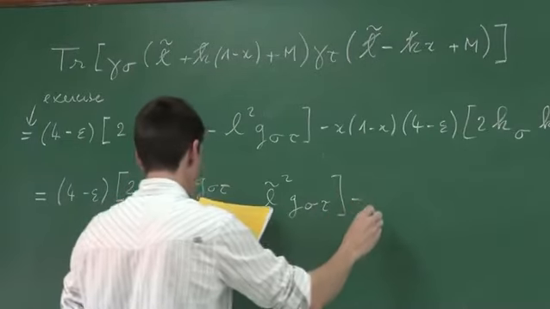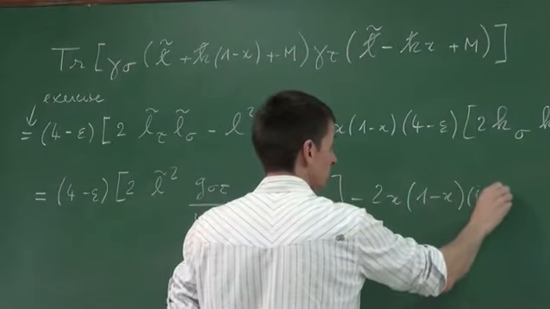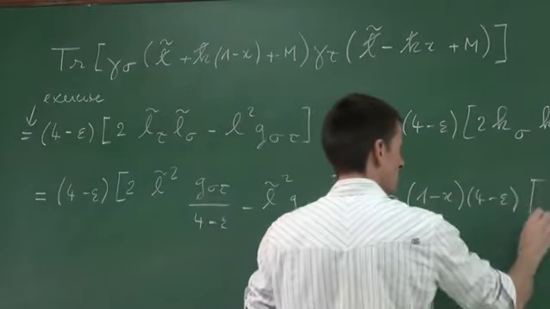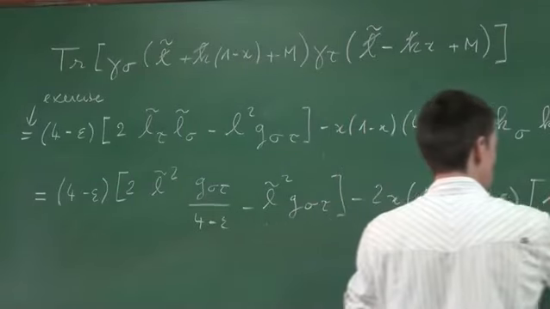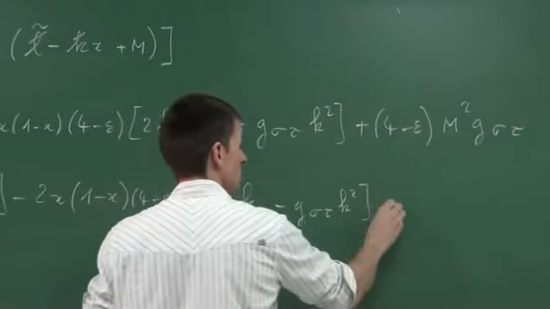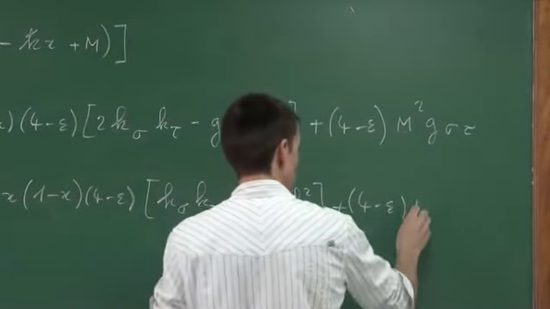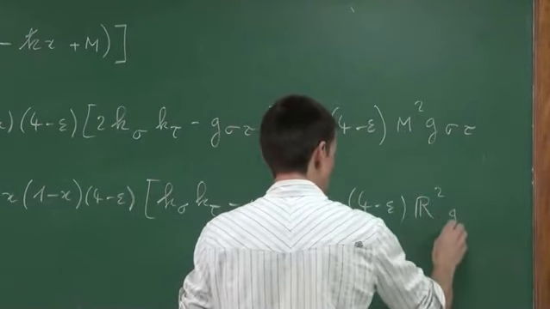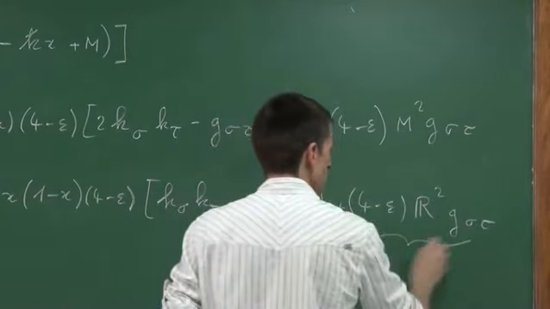And this times k sigma k tau minus j sigma tau k squared plus the convolution from r squared. So if I call this b, I call this a.